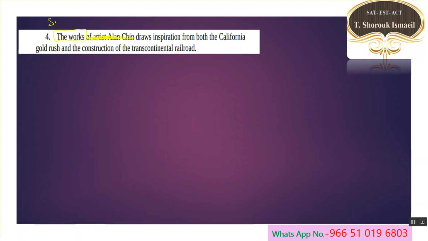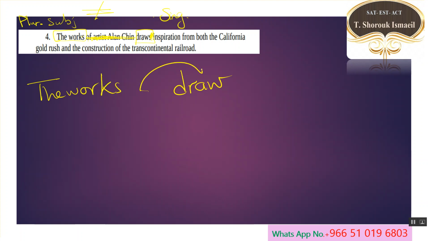So here works is a subject and it is a plural subject. I have a verb here, draws. Actually, I find it singular, so they don't agree together. How should I make them agree? I cross out the S and make it a plural verb so it becomes draw. So the works of the artist draw without S. That is its correction.